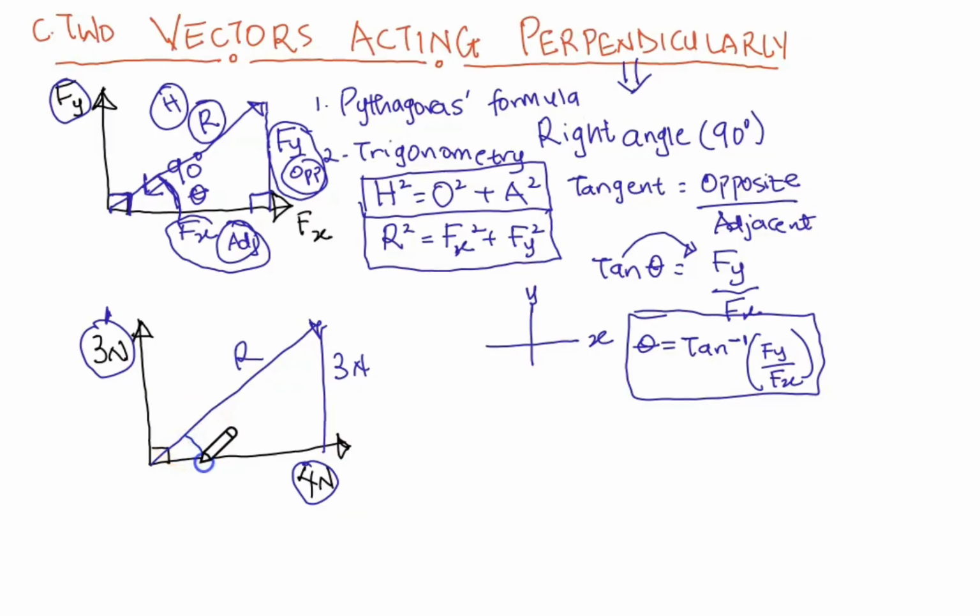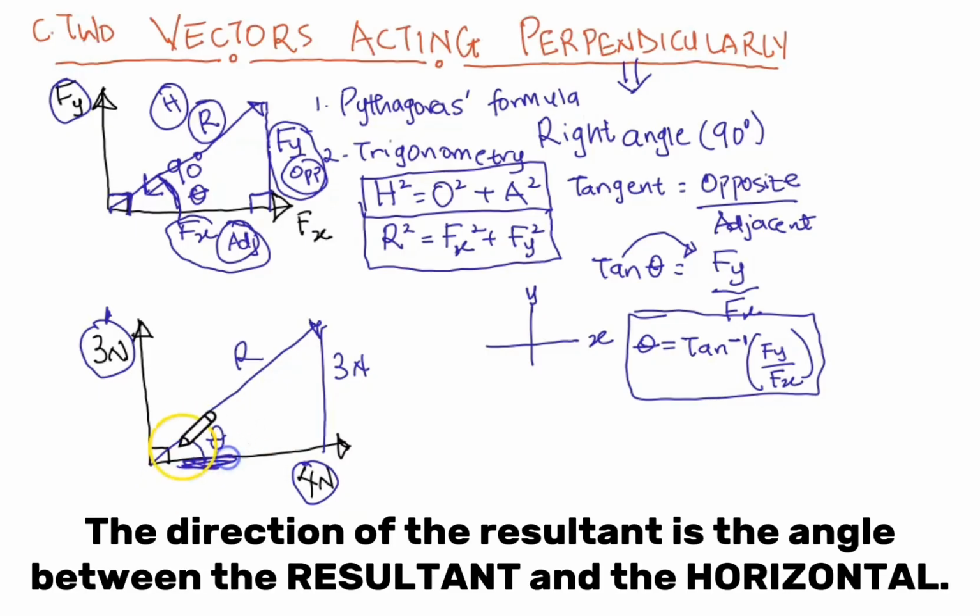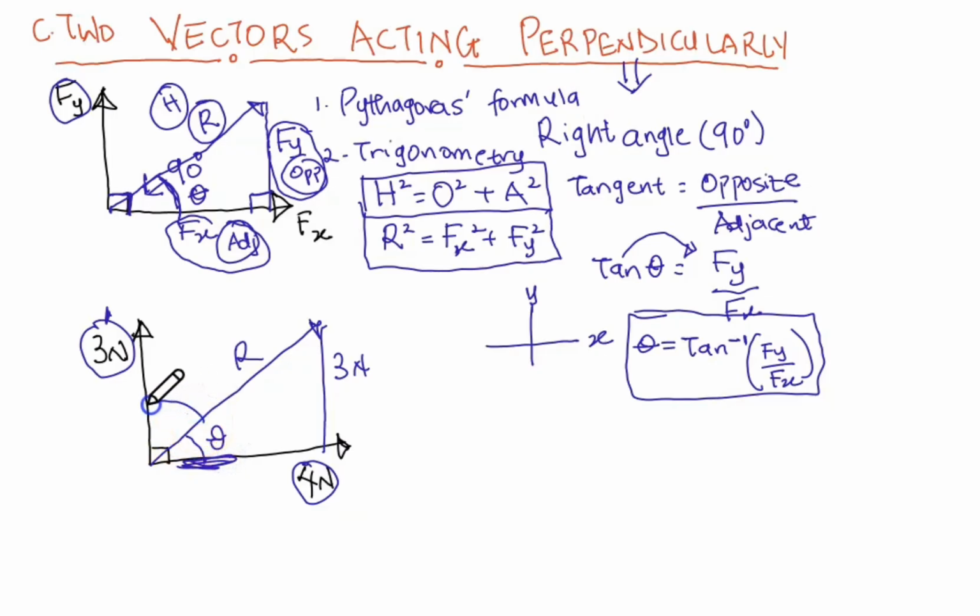Now this is our direction, and very important, your direction is the angle between your resultant and this horizontal. Don't ever measure your direction to this point; that is totally wrong. This horizontal part is the x, so that's why we are using this particular angle and not the other way around.